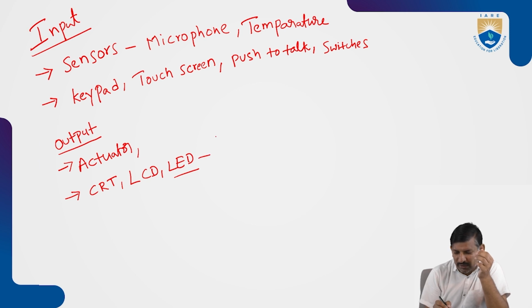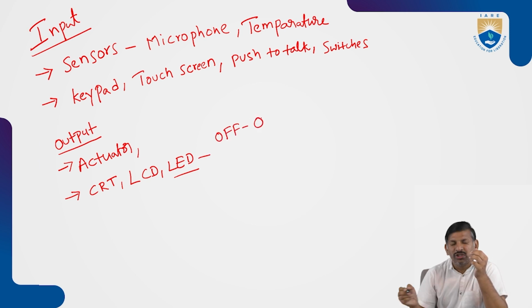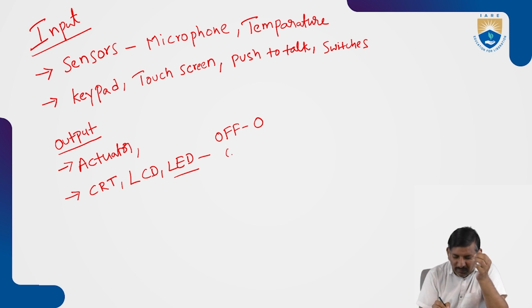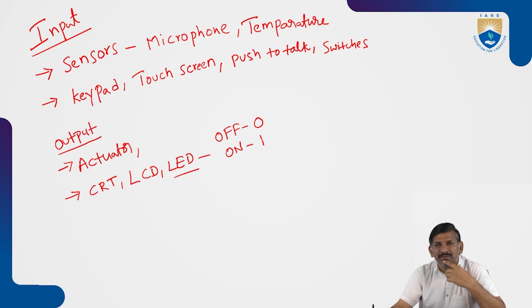By default it is in off condition, and that value is represented as 0. Whenever we give an input voltage greater than the conducting voltage, the LED becomes on. That binary value is 1.